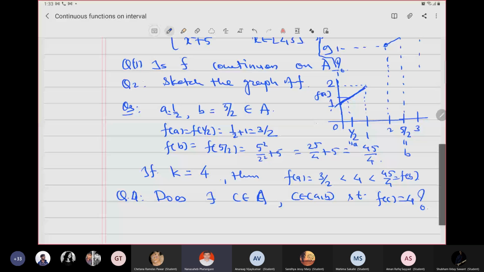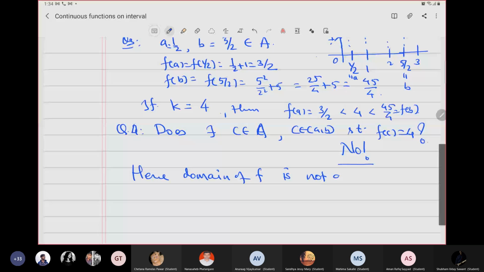And why does this problem arise? Why does the conclusion of the theorem fail here? Because the domain of f is not an interval, and therefore continuity and the domain being an interval is essential.